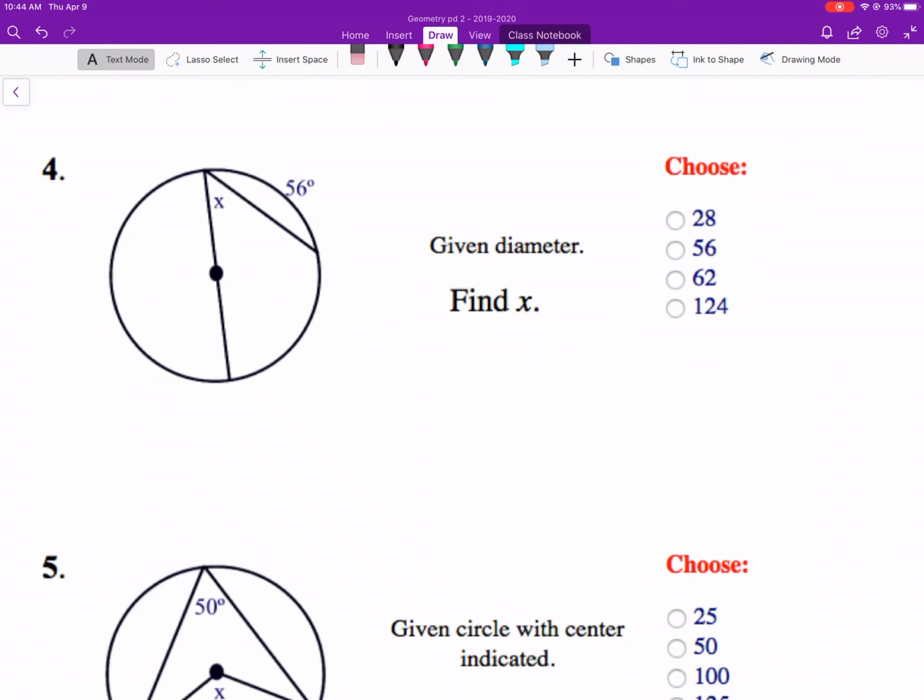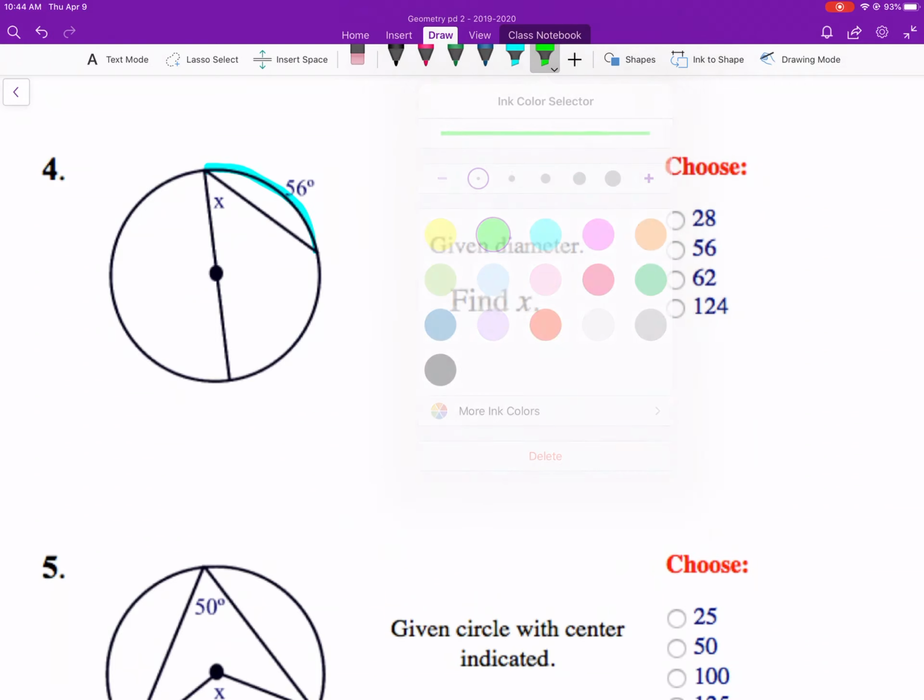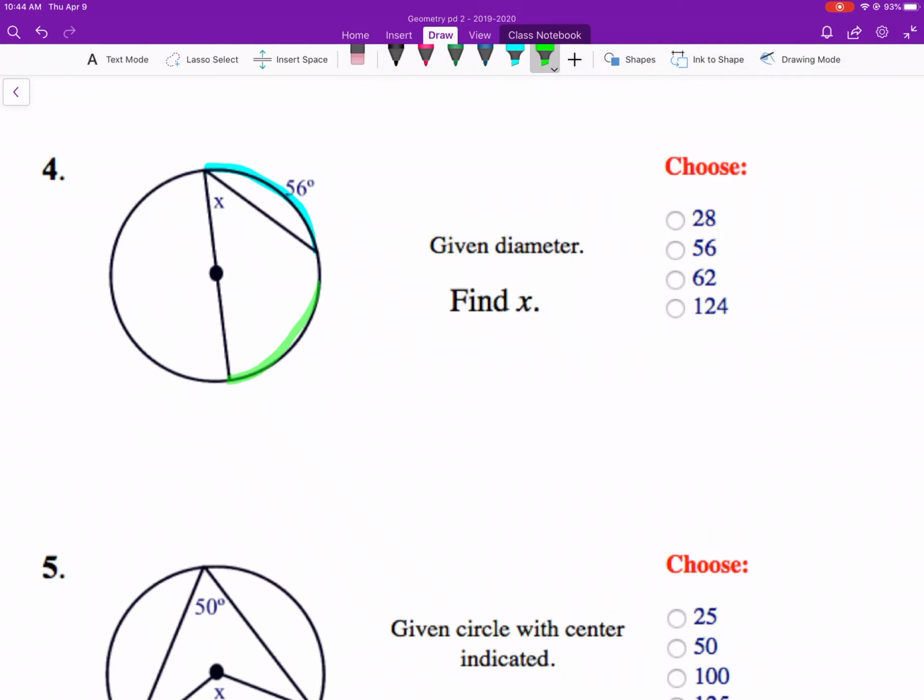Okay, next. Number 4. We have to find x. We're given a diameter again. So this arc that they gave us is 56 degrees. This arc in green, so there's the green and the blue arcs, those two have to add to 180 degrees because it's half the circle. So what's 180 minus 56?